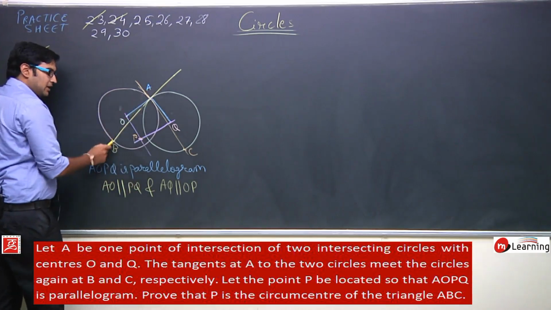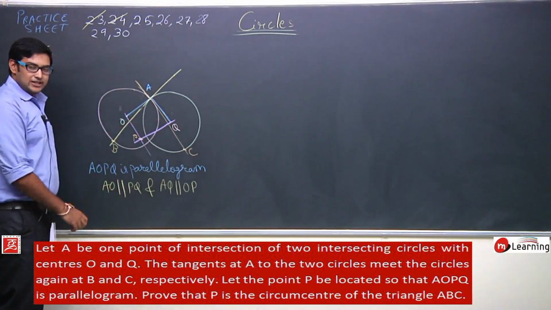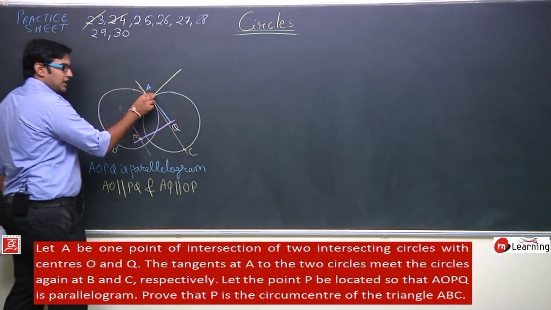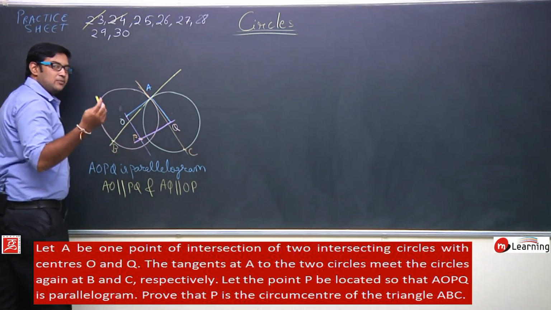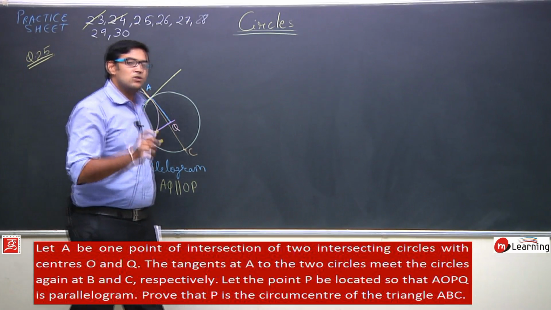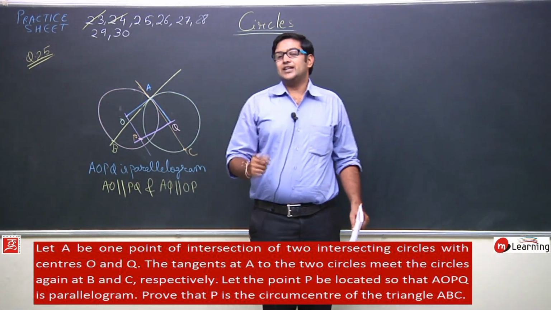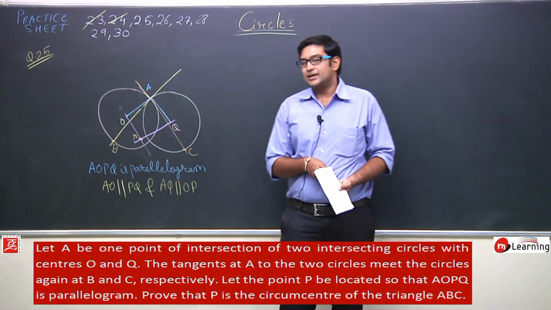One tangent is AB and another tangent is AC. After that, A, O and Q are the three points, and these three points form a parallelogram with one more point P. So we need to locate the point P. So how have we located point P?